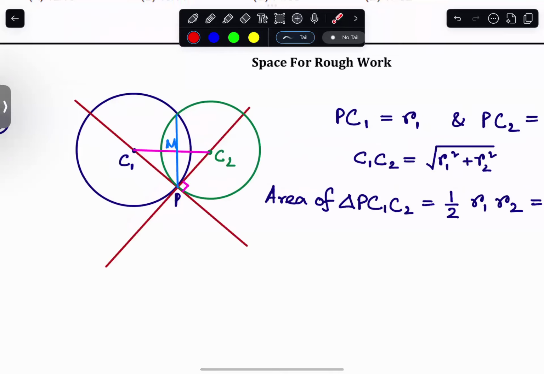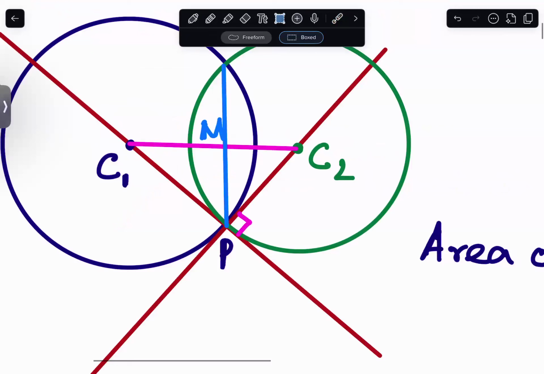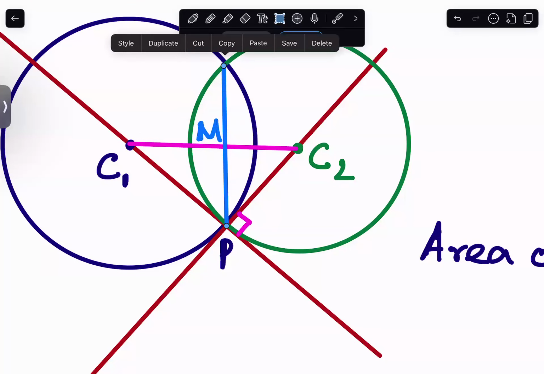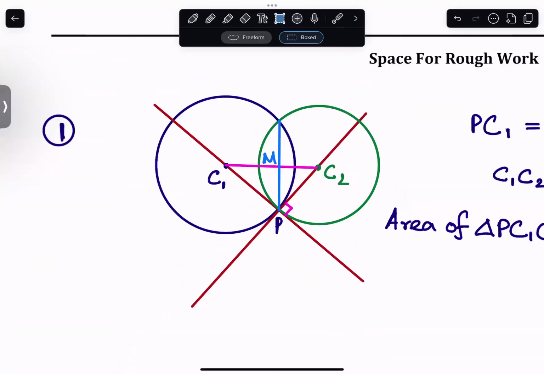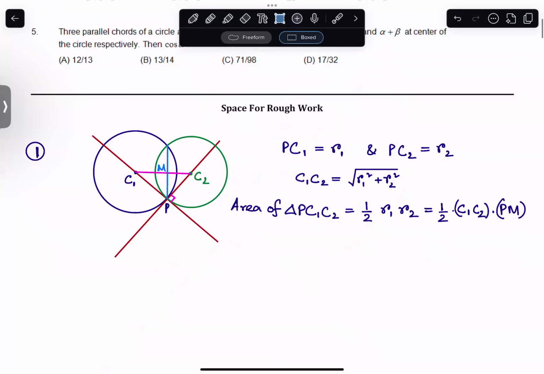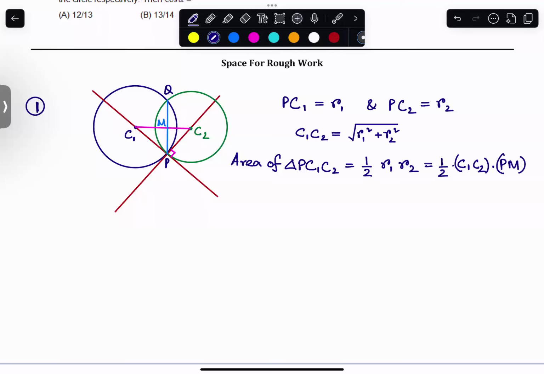just a moment, let me have the diagram corrected. So if we believe PQ was the common chord, then C1M and C2M are respectively perpendicular bisectors of PQ. Is it acceptable?